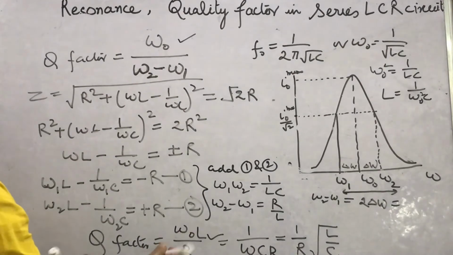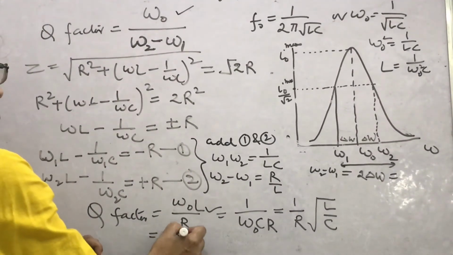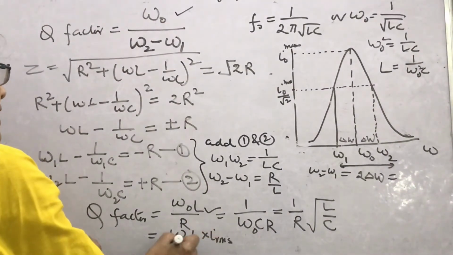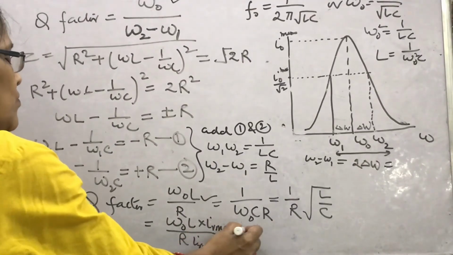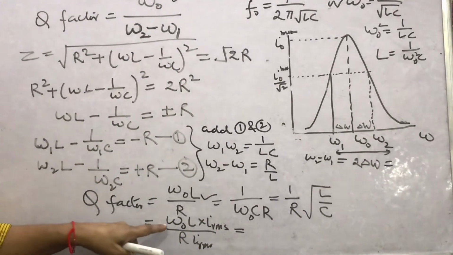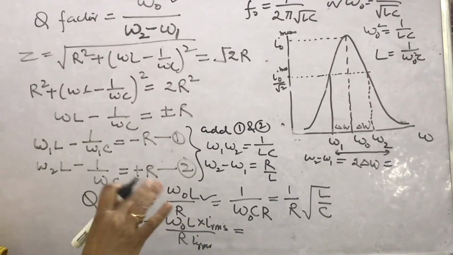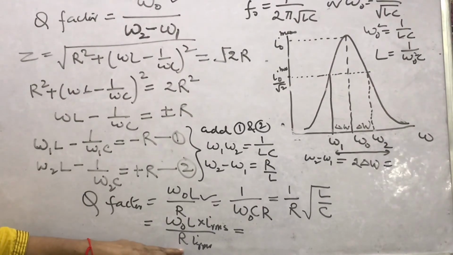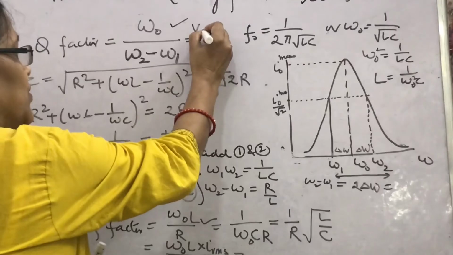Look here, if you multiply and divide both the numerator and denominator by I RMS, then this will be I RMS and R into I RMS. What will you get? Look here, this is the voltage drop across C or L upon applied voltage.